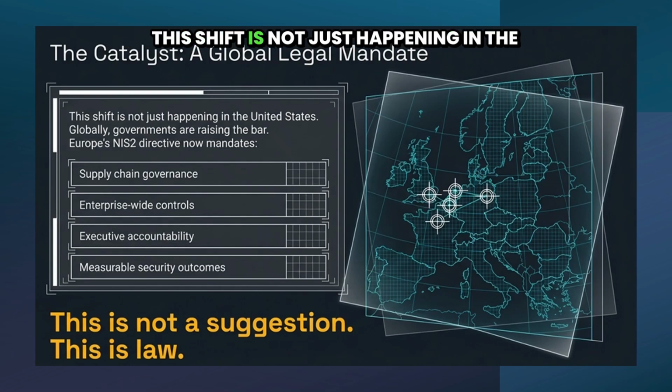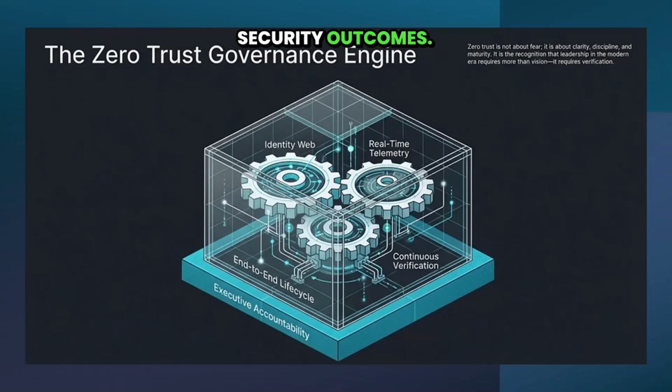This shift is not just happening in the United States. Globally, governments are raising the bar. Europe's NIS2 directive now mandates supply chain governance, enterprise-wide controls, executive accountability, and measurable security outcomes. This is not a suggestion. This is law.